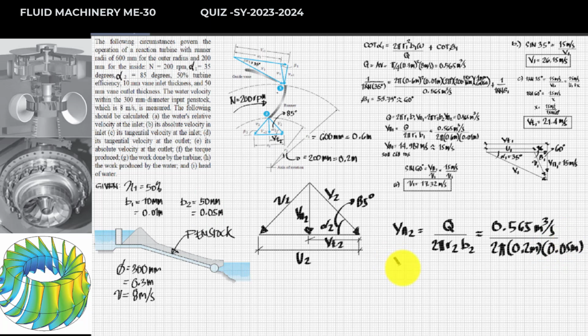Okay. Now, pressing your calculator, the value of Bn2 is equal to 8.99, or let's say this can be 9 meter per second, to get the normal velocity at point 2.